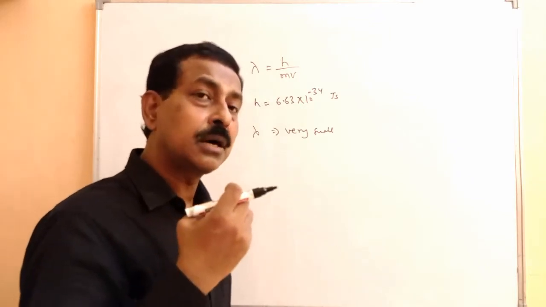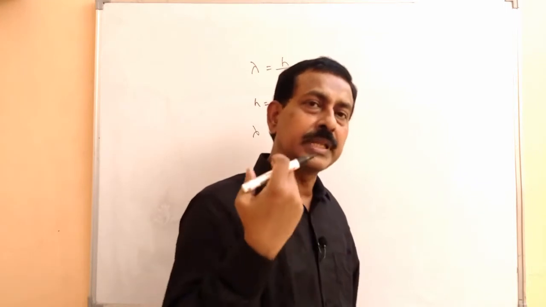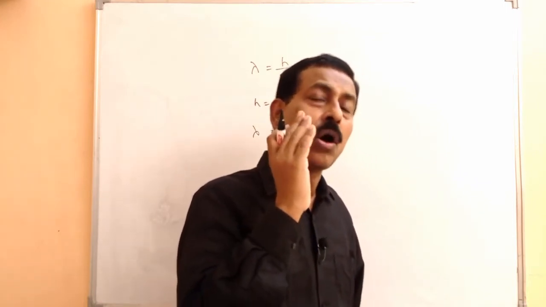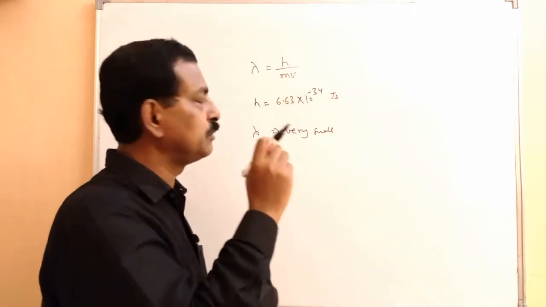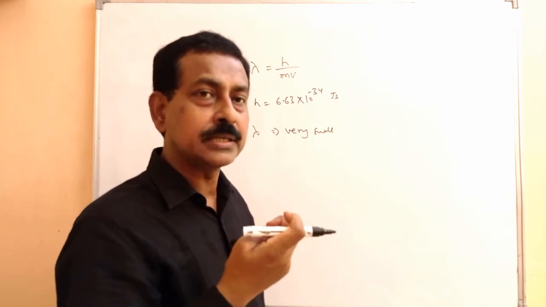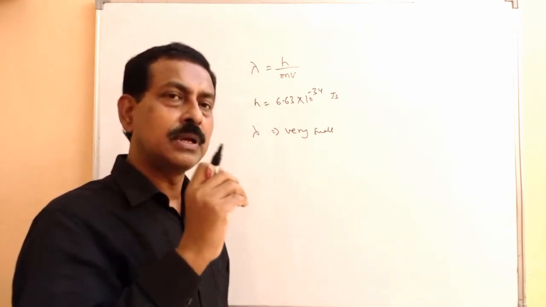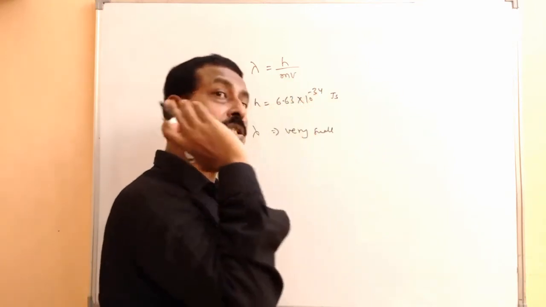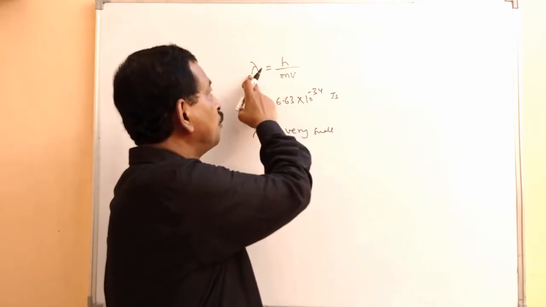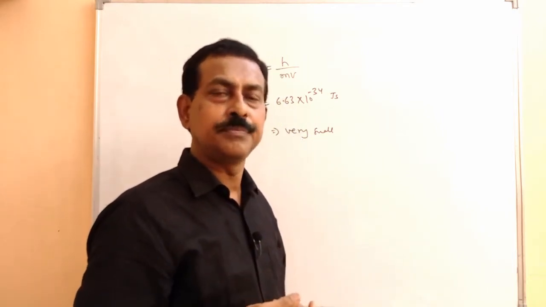But whenever you take particles like electrons moving in a particular orbit, or any other small mass particles, due to their small mass and the velocity with which they move, we may get a wavelength which we can observe properly.